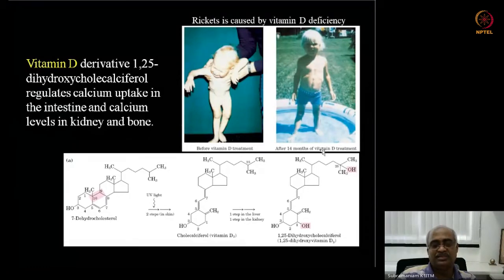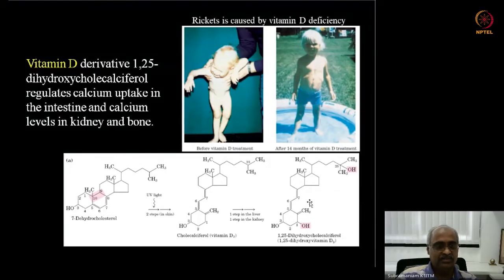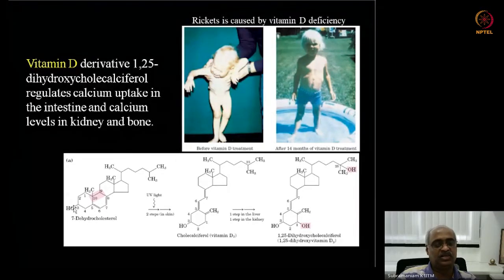The basic structure is cholecalciferol. 1,25-dihydroxycholecalciferol is the active form of vitamin D, also known as vitamin D3, 1,25-dihydroxy vitamin D3. This active molecule is produced from a basic structure called 7-dehydrocholesterol.